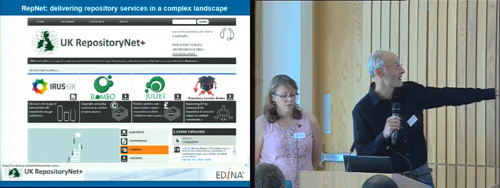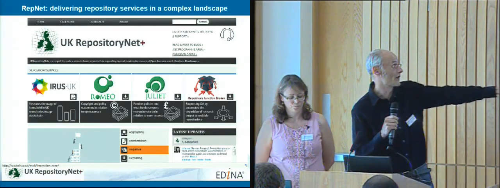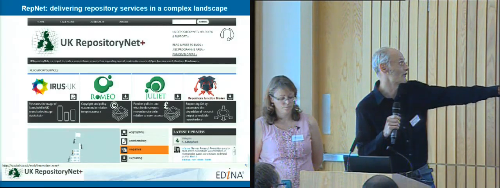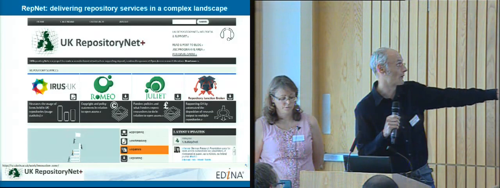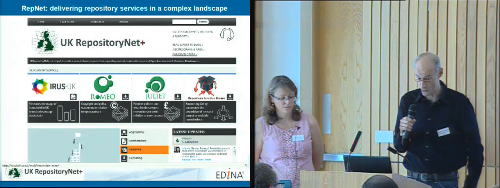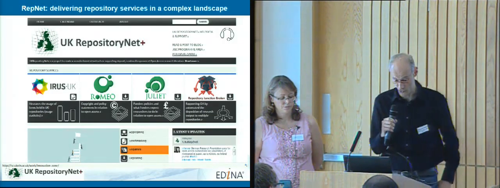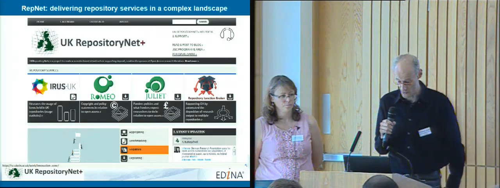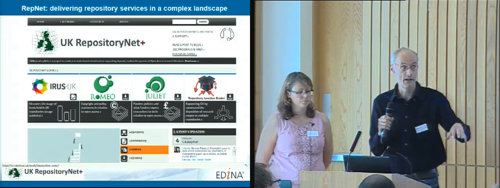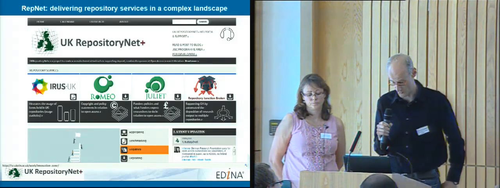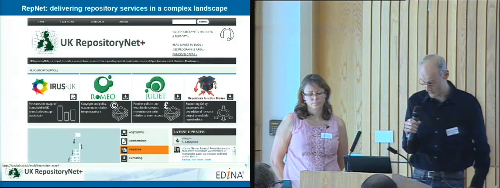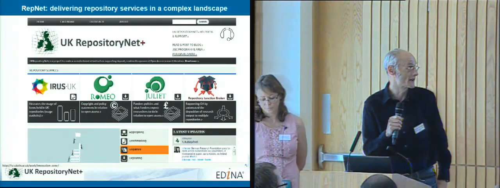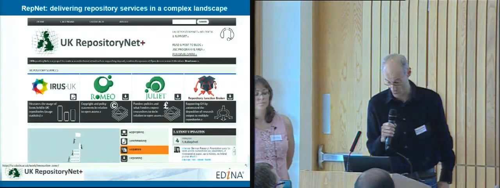On the slide we can see the main components, as they are called, for the RepNet, so the big services that are part of the project. So IRUS for repository usage collection across the network, Romeo and Juliet for delivering the policies regarding publishers or funders and institutions, and finally the broker for automatic content delivery into the repository network.